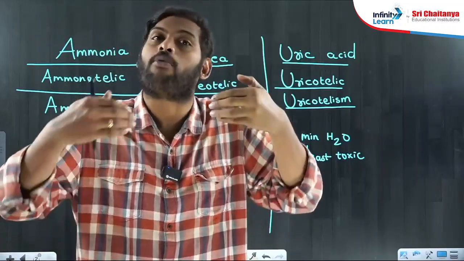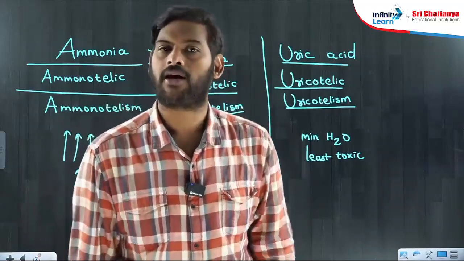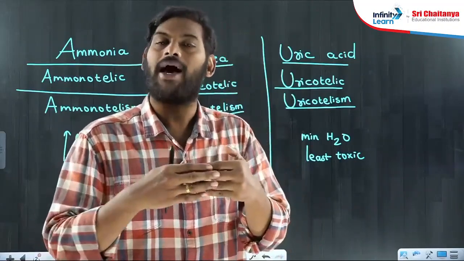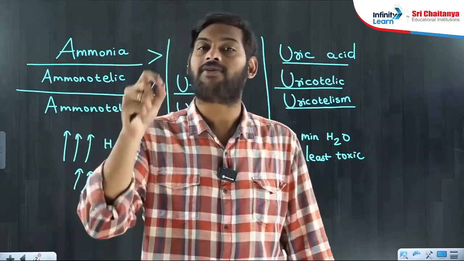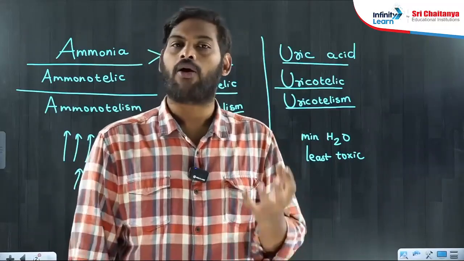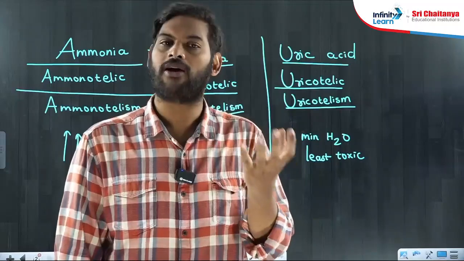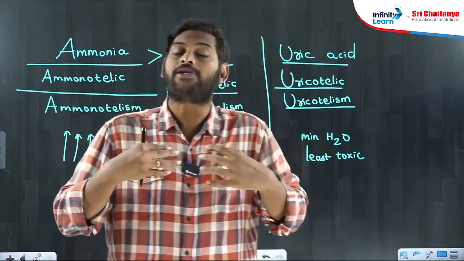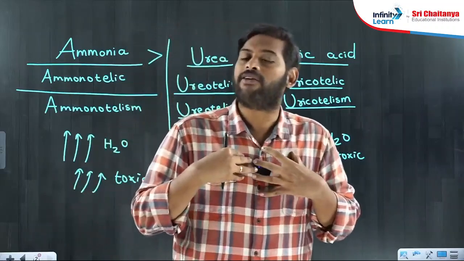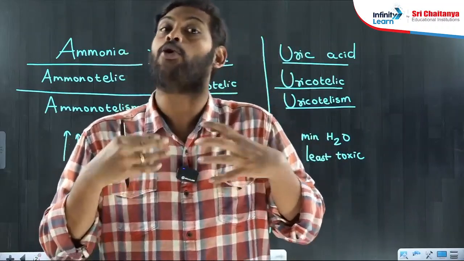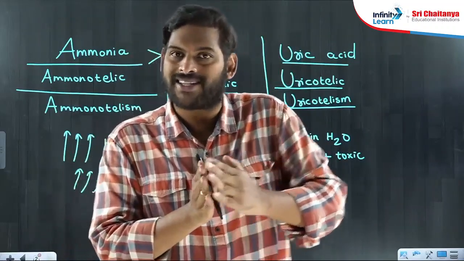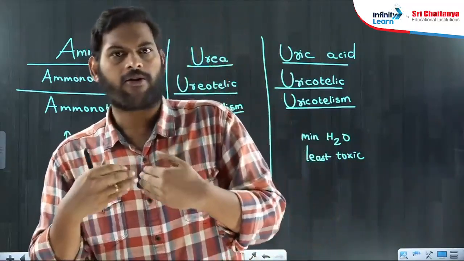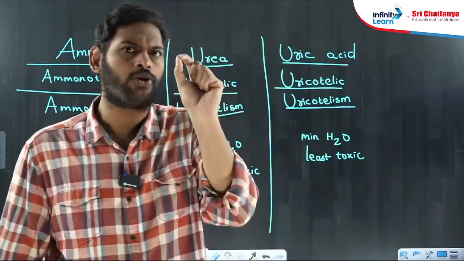They will retain it in their body to maintain ionic balance, to maintain pH, acid-base balance, as well as to maintain molarity, osmolarity of body fluids also. The body is intelligent enough to know how much must be excreted and how much must be retained. Even your body also consists of a pinch of urea.